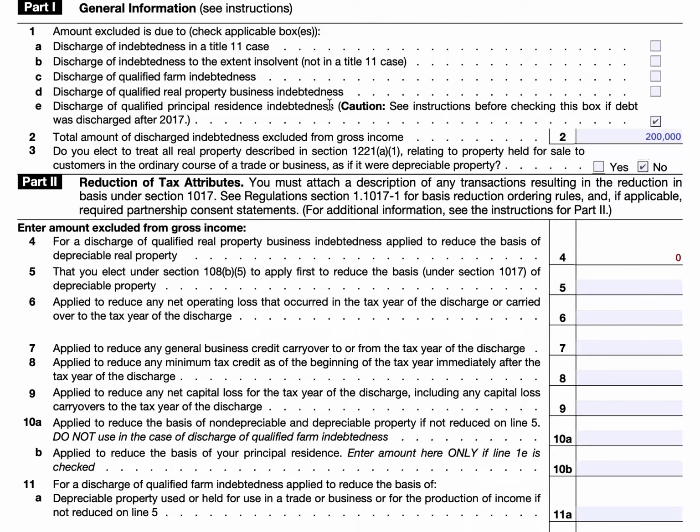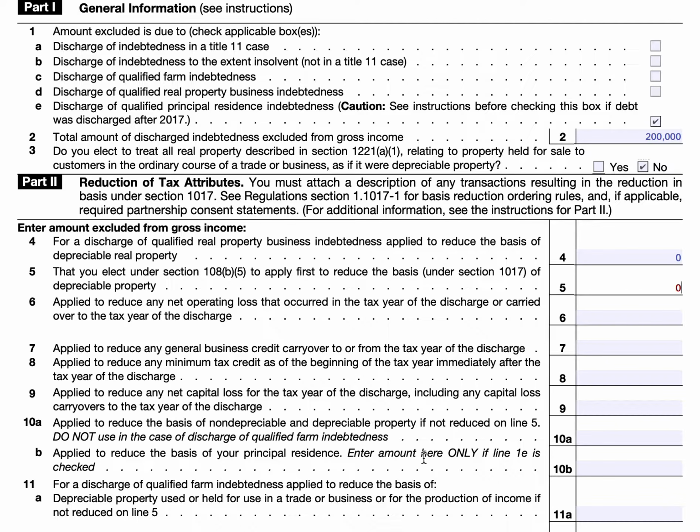This would not apply to your real property business indebtedness because you're already addressing that in line 4. So basically, lines 4 and 5 cover items A through D above.